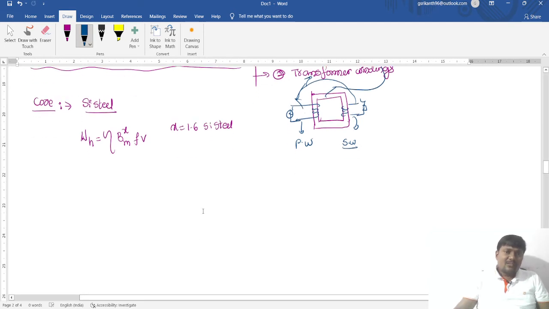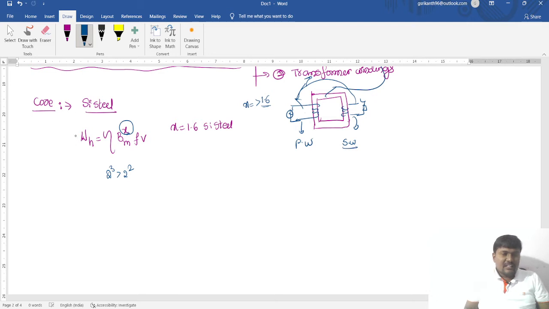If the transformer core is made with cast iron, the x value will be greater than 1.6. So 2 cube is greater than 2 square. If this x value is less, then the hysteresis loss is also less.